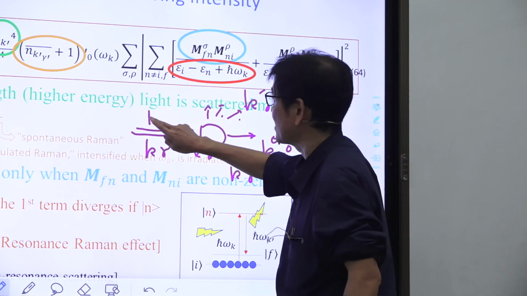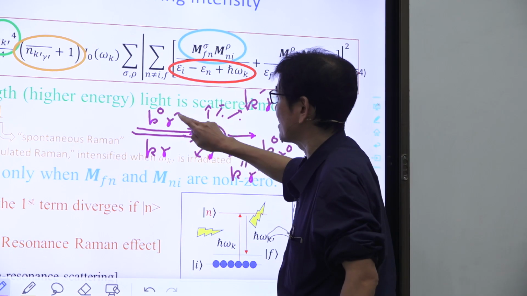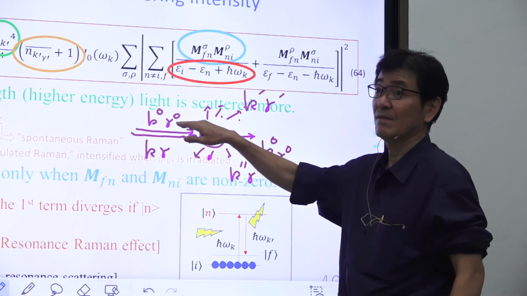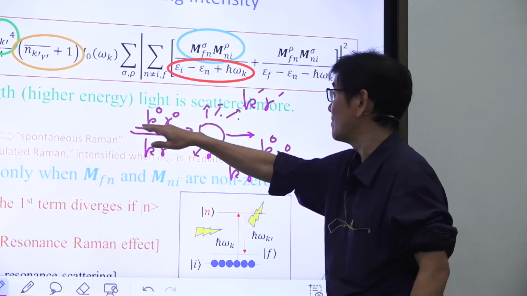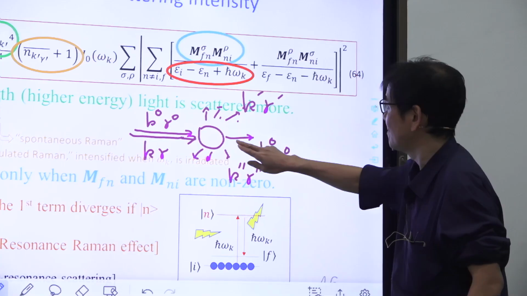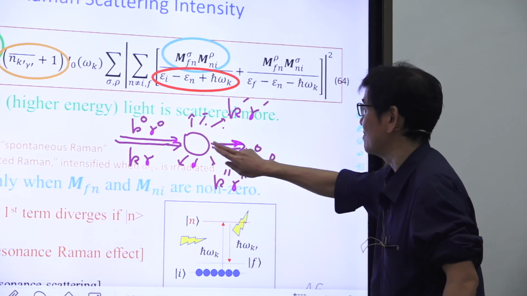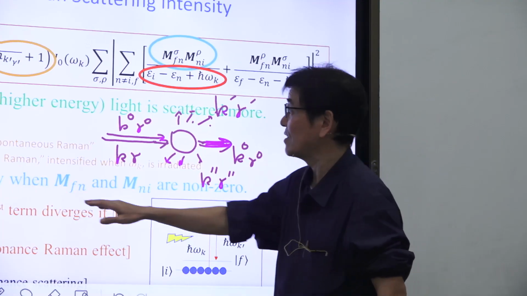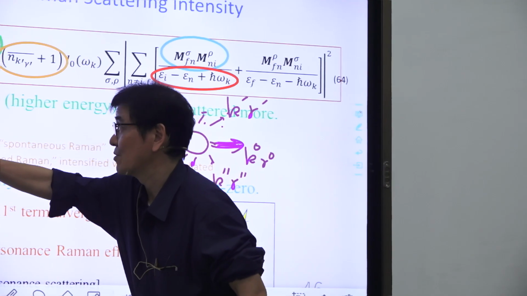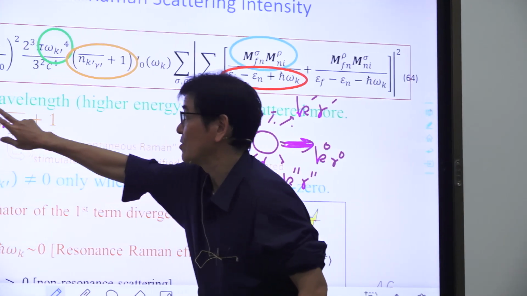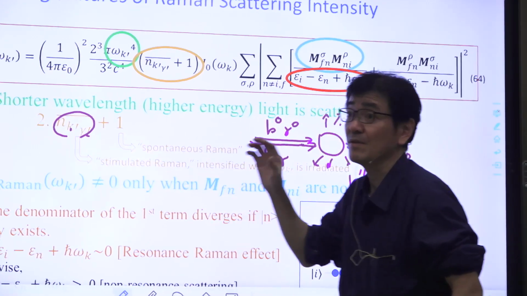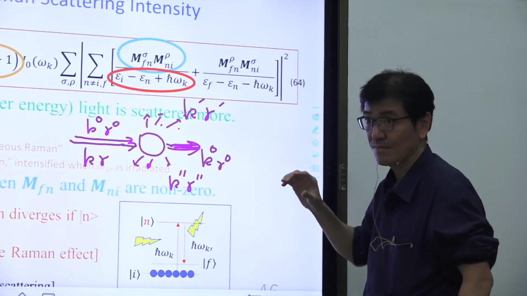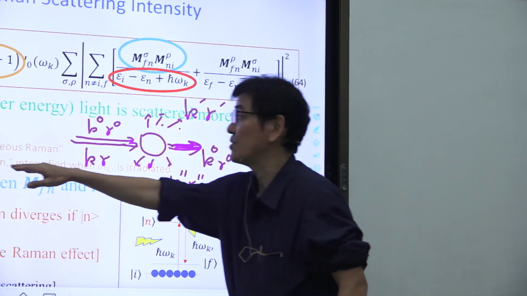By preparing K circle, gamma circle as an experimental setup, by introducing this light, this scattering becomes intensified. So by preparing some photons that correspond to the Raman scattering wavelengths, we can intensify the Raman signal. That is stimulated Raman.